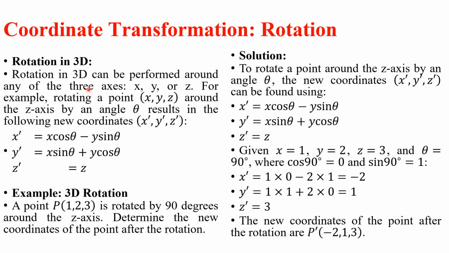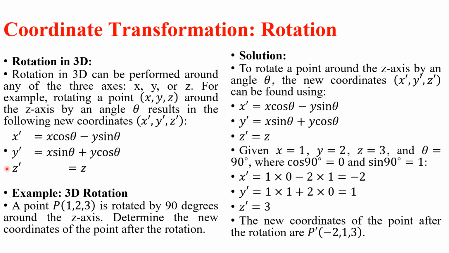All right, so of course, rotation can also be done in space, that is 3D. So take for example, let's just look at this example. Of course, there is just a little difference between rotation in 3D and rotation in two dimensions.